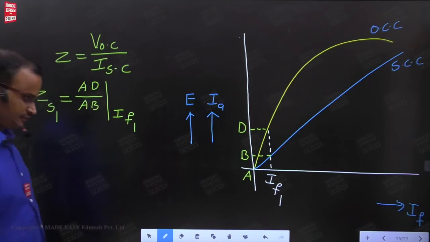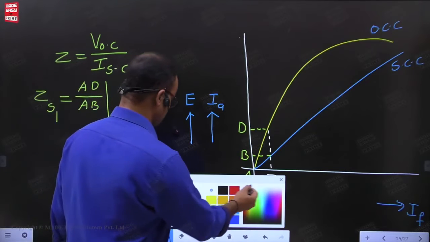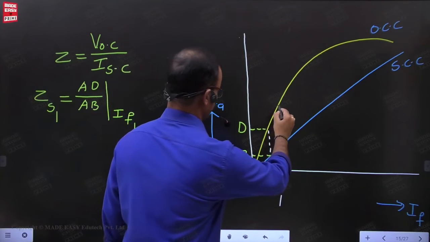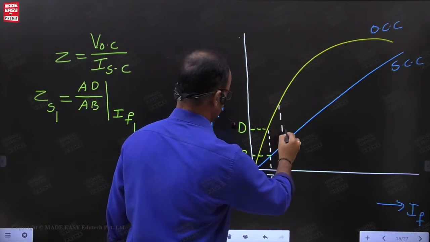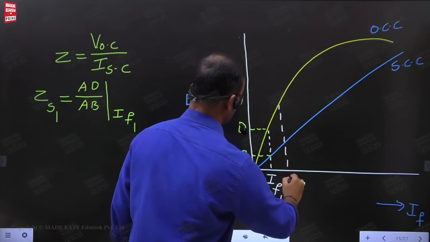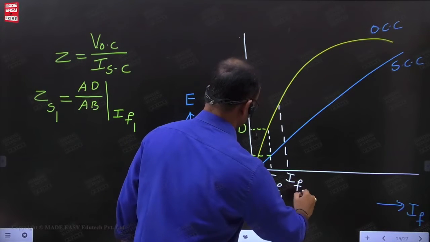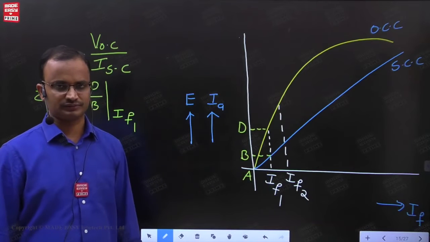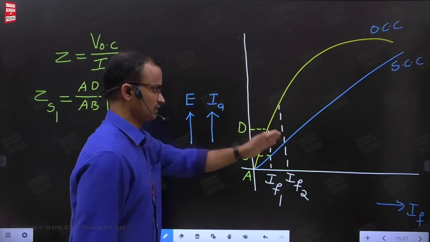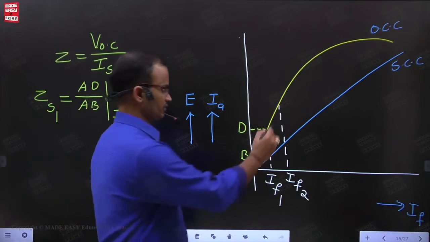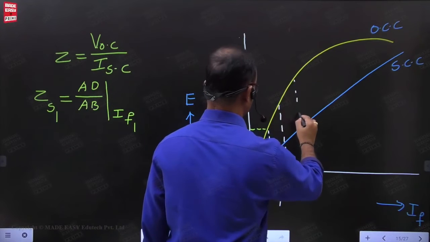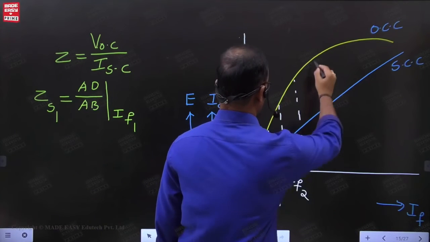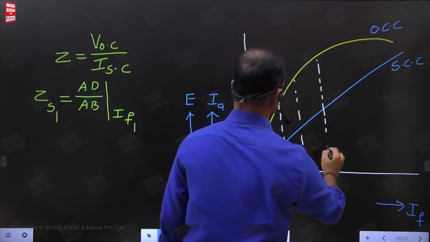In the similar way, at a different value of field current, let us name this one IF2. Again, corresponding to IF2, measure the open circuit voltage and short circuit current. Likewise we can repeat this n number of times at different values of field current.